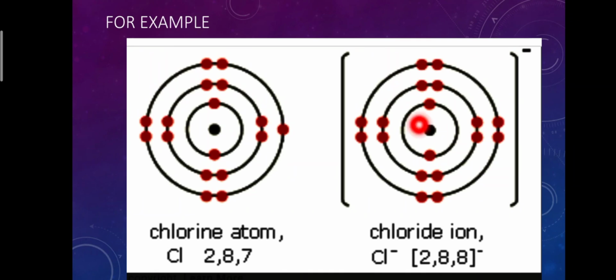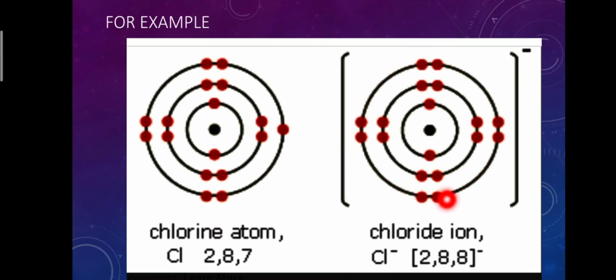The chloride ion contains 17 protons in the nucleus and 18 electrons revolving around the nucleus.